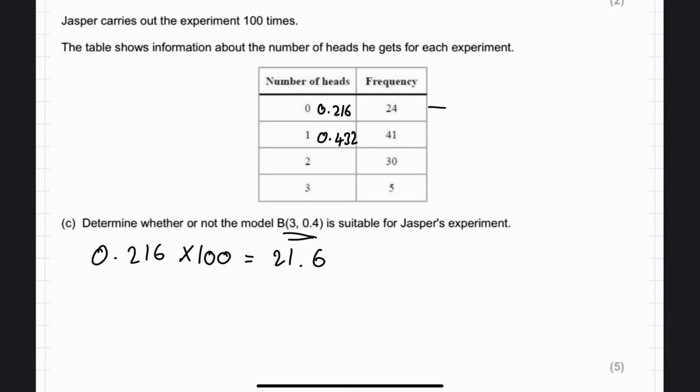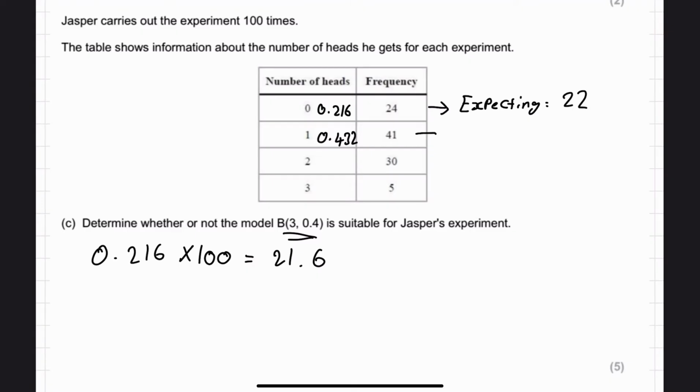So what we're really expecting is 21.6 occurrences of 0 heads in an experiment involving 100 trials. So I'm going to round that up to 22.